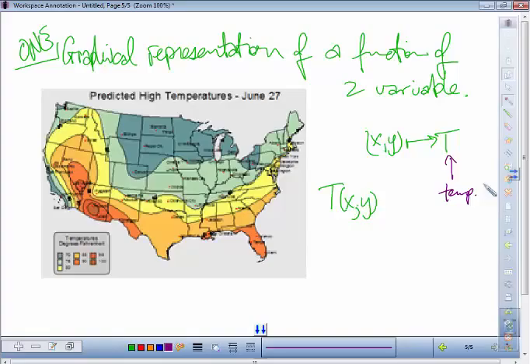So let's pick a point. Let's go to North Dakota. Okay. So give me some examples of values in North Dakota. What's the longitude and latitude of Bismarck?